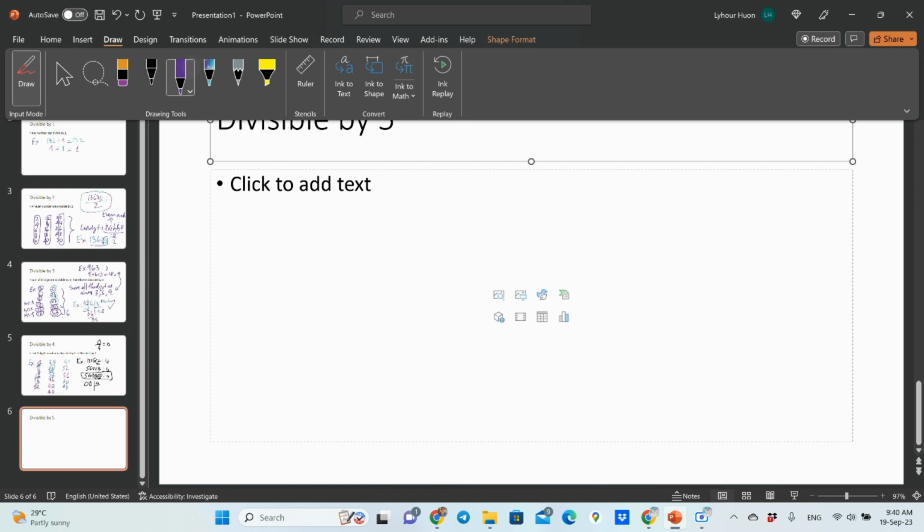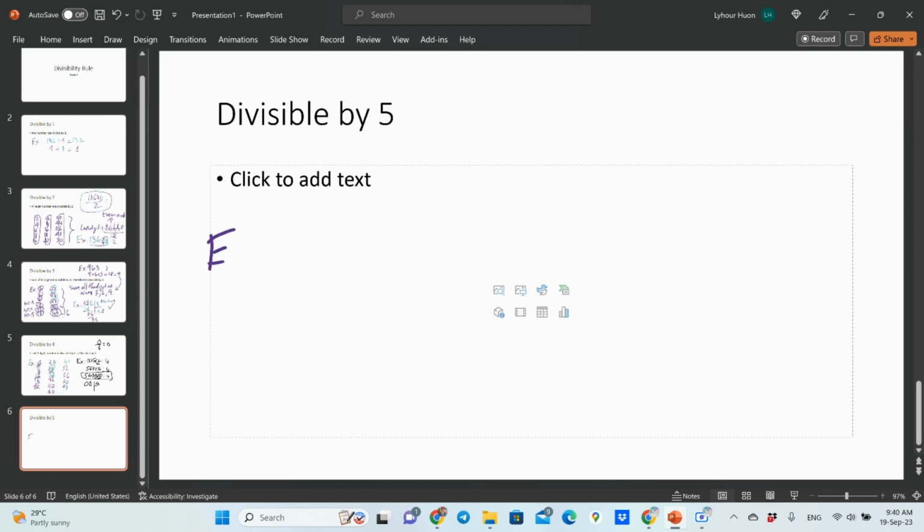When we use the multiplication table of 5, we know that all the numbers on the multiplication table will be divided by 5. So it's 5 one time is 5, 5 two times is 10, 3 times, 4 times, 5 times, 6 times, and it continues.